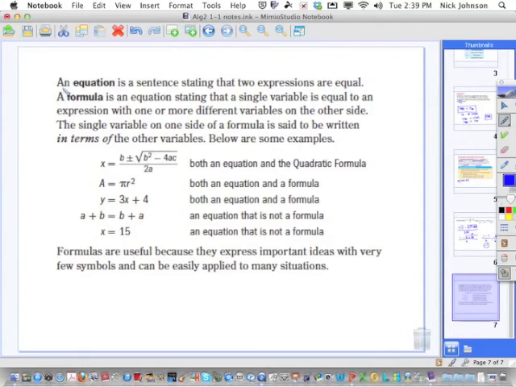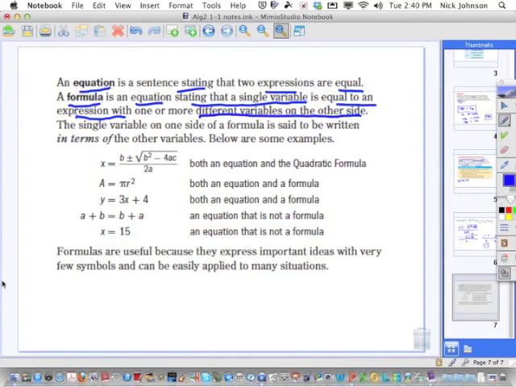Last slide. An equation is a sentence stating that two expressions are equal. Okay? An equation normally has an equal sign, stating that these two things are equal. A formula is an equation stating that a single variable is equal to an expression with one or more different variables on the other side.